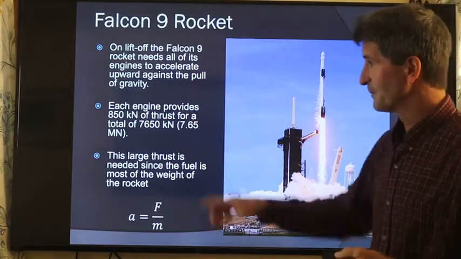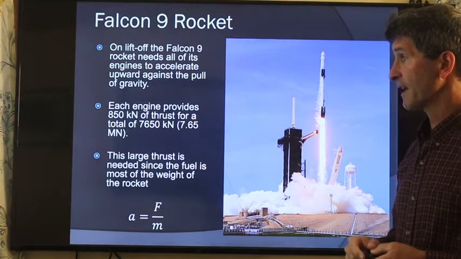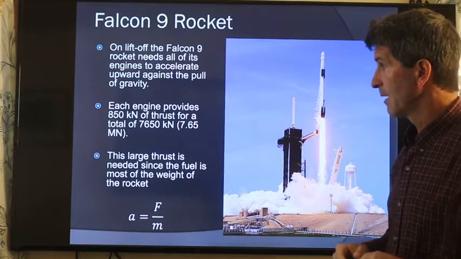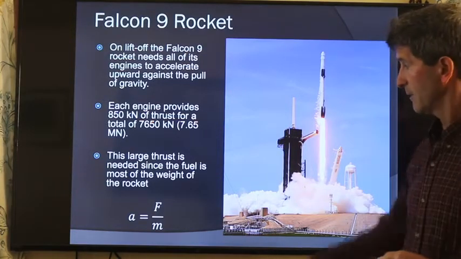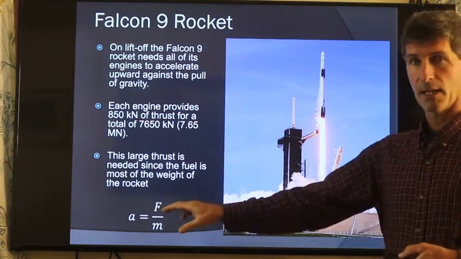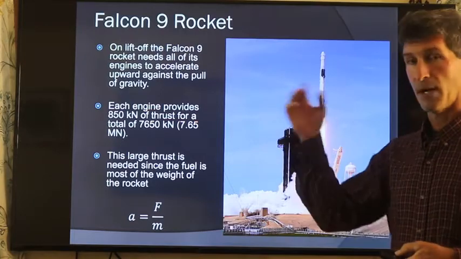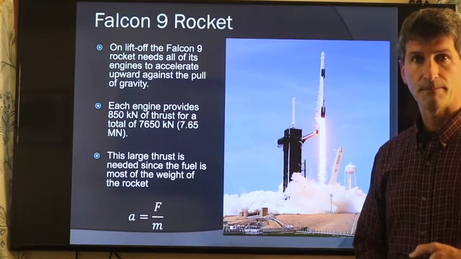That's a revelation to me. So the total force here of thrust is 7,650 kilonewtons on takeoff. Obviously, the weight is going to subtract off from that, but again, you can calculate the acceleration of any rocket by taking the thrust from the engines minus the weight of the total rocket and dividing it by the mass.